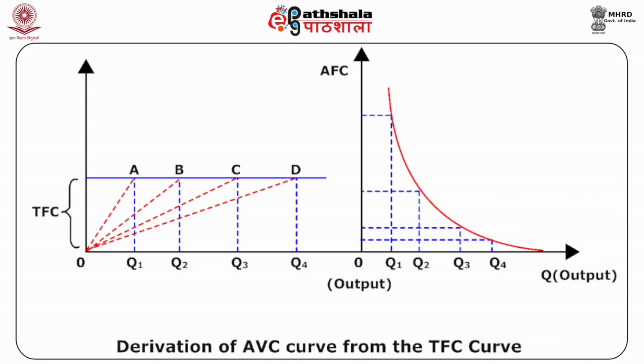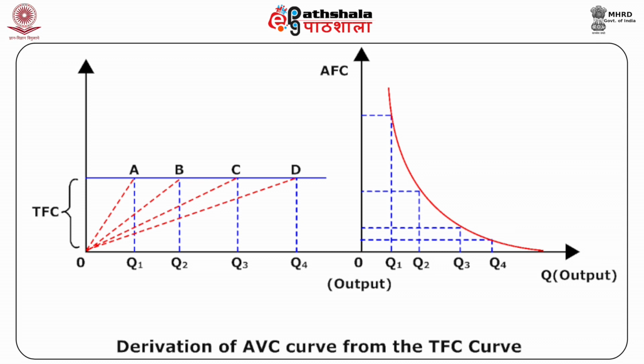Therefore, we have to have a geometric property that at each level of output, the average fixed cost multiplied by the quantity should always be equal to a fixed number, which is the total fixed cost. Now, a rectangular hyperbola has got this property.